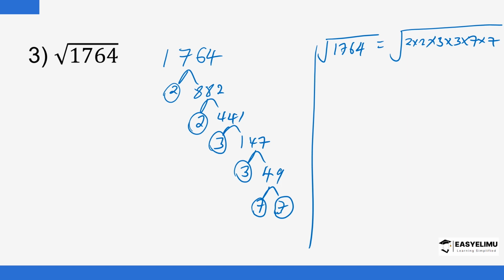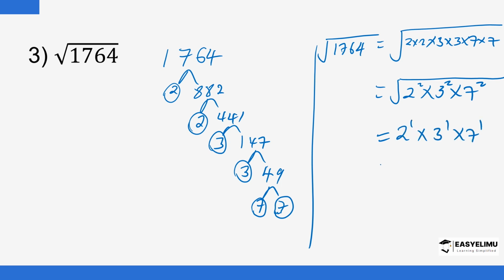If you write that in index form, it would be 2 power 2, 3 power 2, and 7 power 2. So in finding the square root, you simply divide the powers by 2. So you end up with 2 power 1, 3 power 1, and 7 power 1. So 2 power 1 is just 2, 3 power 1 is 3, and 7 power 1 is 7.